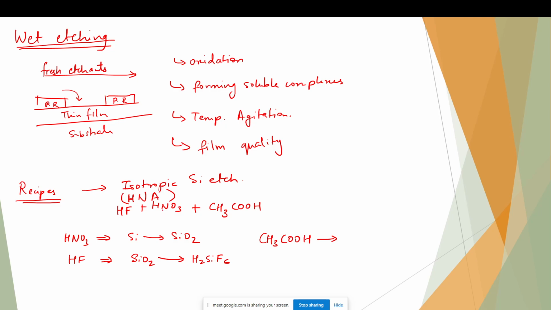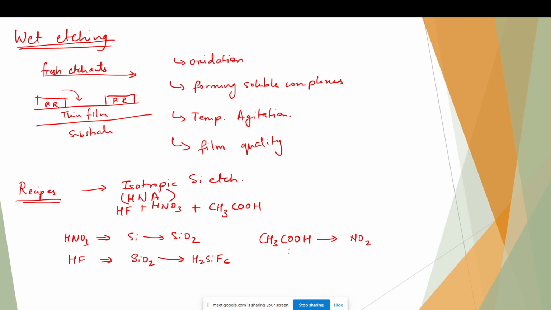The nitric acid mechanism is such that it should combine with HNO2 to form NO2 radicals. But if HNO3 keeps on ionizing, then there will be no HNO3 left to form NO2 radicals. So that is why we have CH3COOH.